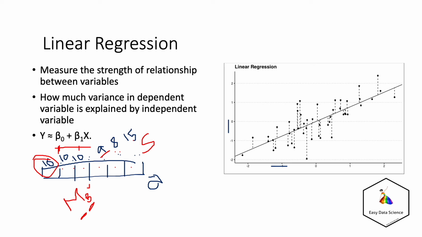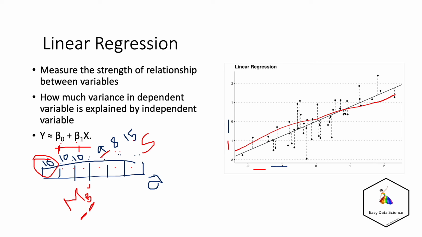If you go back to algebra, you will know that this is a very familiar formula of lines, the linear equation. So we assume that these two variables, let's say sales and marketing data, are linearly related. That is, we assume some value of beta 0, beta 1, and then we draw different lines.